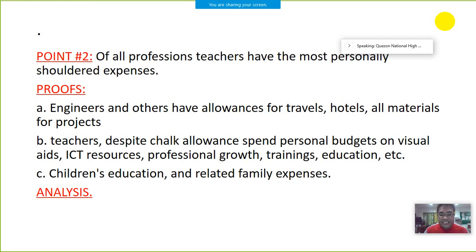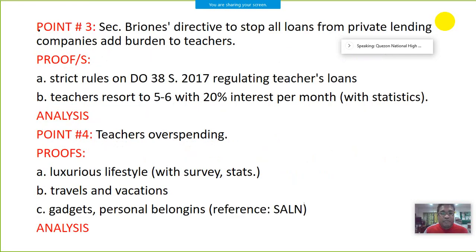Then there's an analysis. Then point 3, another point is Secretary Bunis' directive to stop all loans from private lending companies at the burden of teachers. What are the proofs? It is provided in the O36 series of 2017, and teachers are resorting to 5-6 with 20% interest. Then analysis.